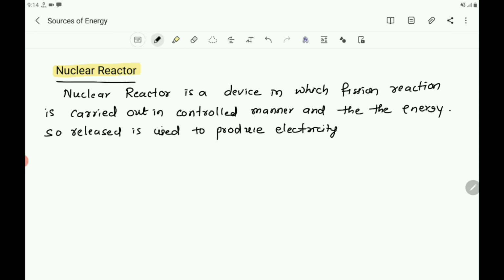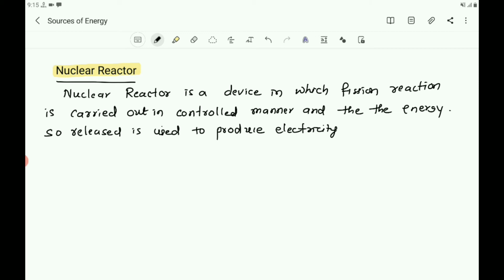Produce electricity. Here the nuclear reaction is carried out in a controlled manner. How is the nuclear reaction controlled? That is by limiting the number of neutrons bombarding the nuclei. The energy so released in the nuclear disintegration is used to heat water, which then turns turbines and generates electricity.